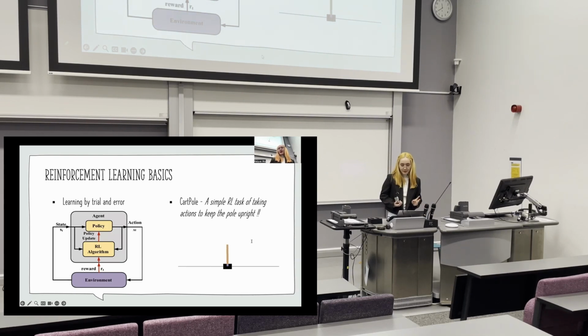Basically, reinforcement learning is a process of learning by trial and error. In a reinforcement learning task, we will first have a learning agent here who learns and maintains a policy, which is basically a strategy that the agent relies on to make action decisions.